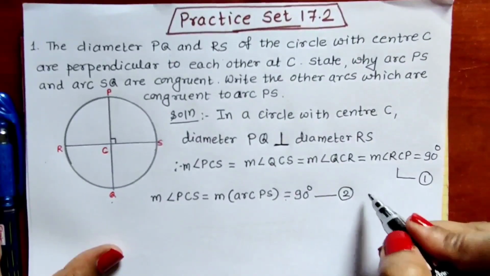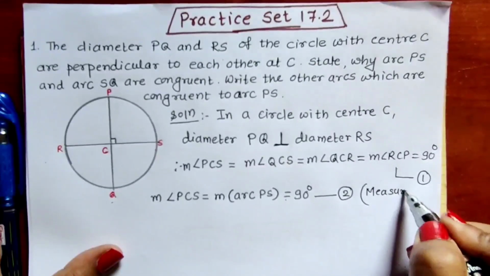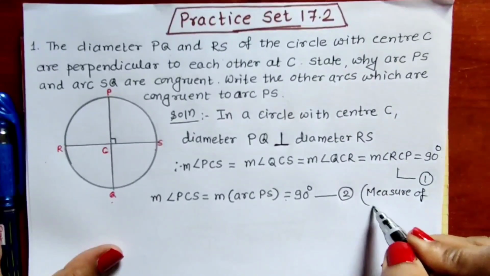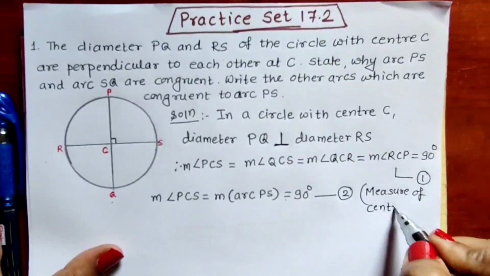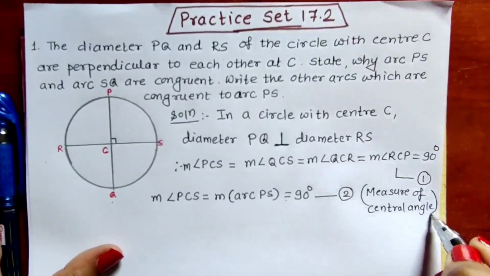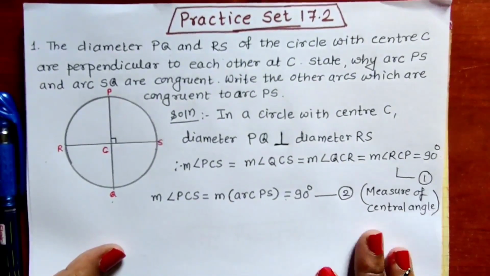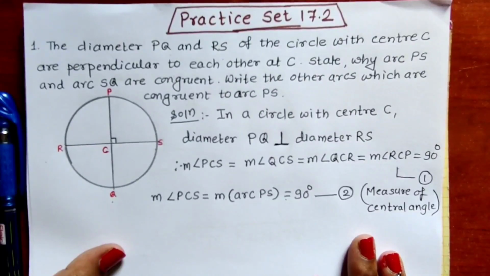I can write here measure of central angle. Measure of central angle and corresponding arc are congruent. Instead of writing the full statement, we can write like this: measure of central angle.